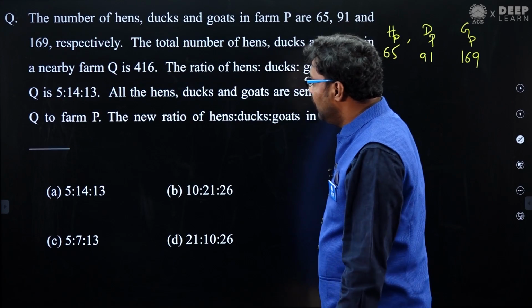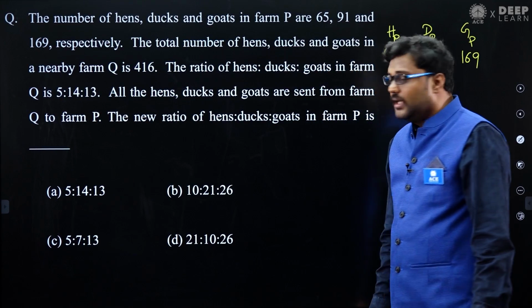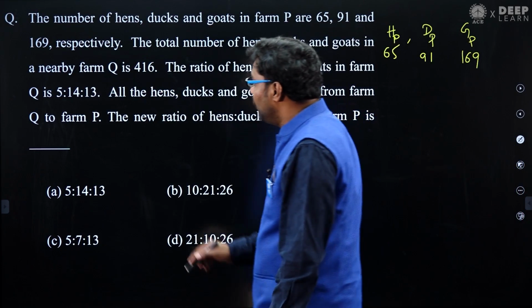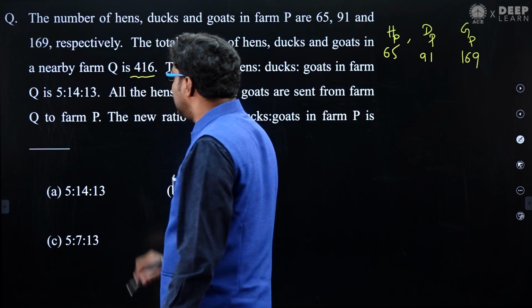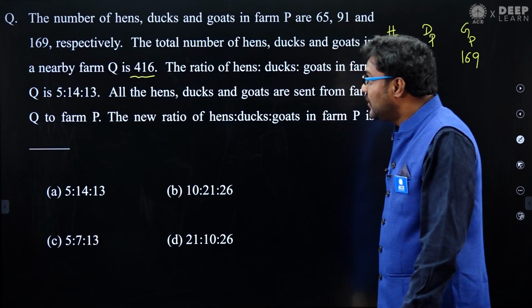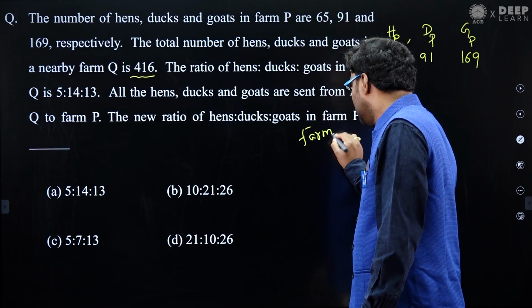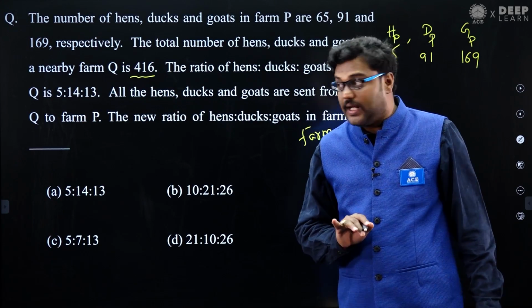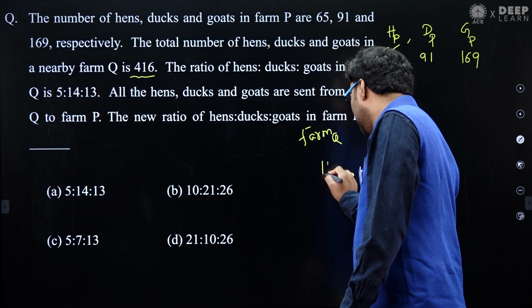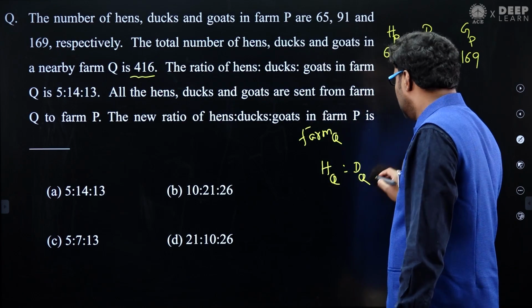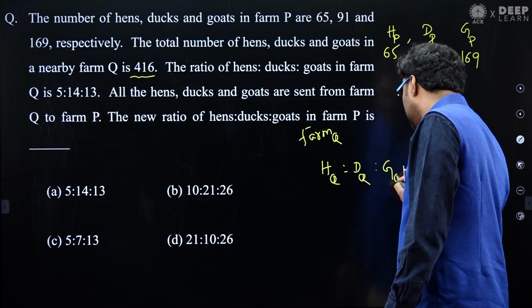Fine. Then they are asking about the ratio of hens, ducks, goats in form Q. Form Q has a total of 416. Total 416 are there, but this is related to how many hens, how many ducks, how many goats.